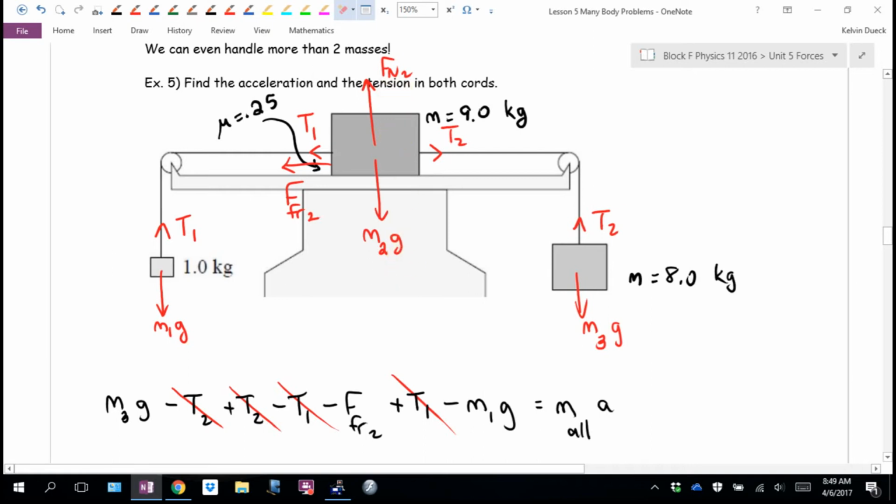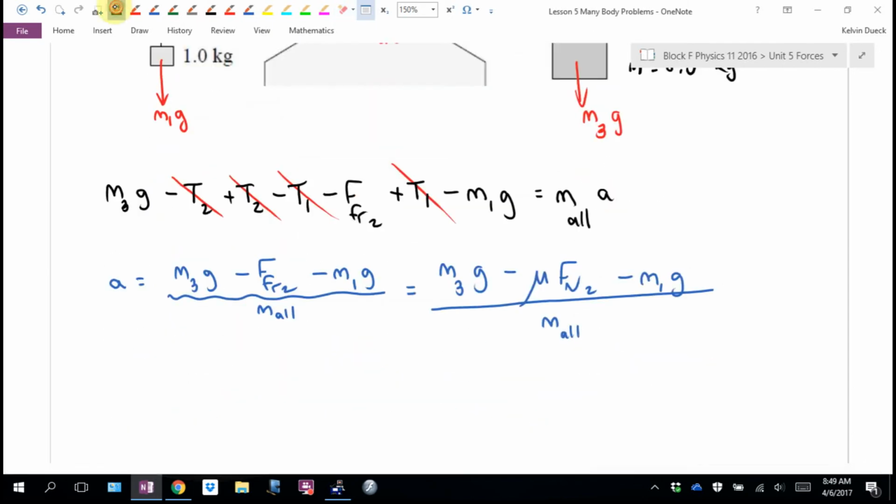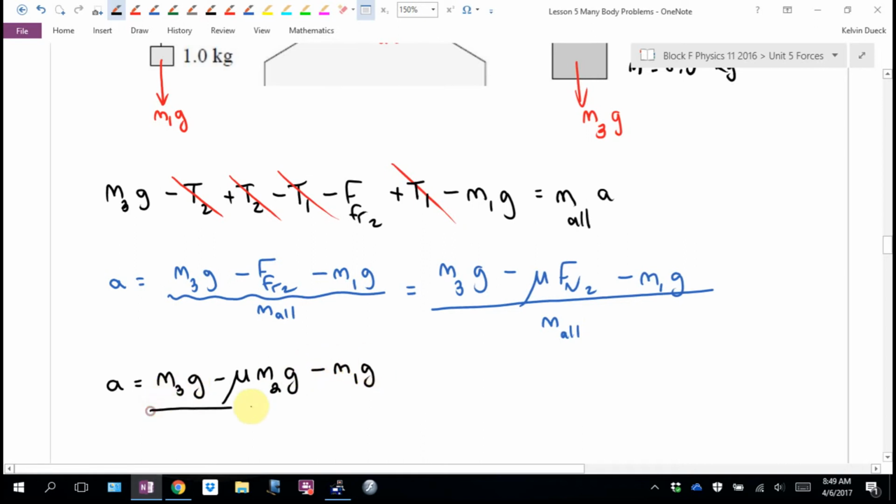So, if I hear you correctly, it's going to be M3G, just dropping down like a domino, minus mu M2G, and then minus M1G also drops down like a domino. And now instead of M all, I'm going to write M1 plus M2 plus M3. Do a quick check.